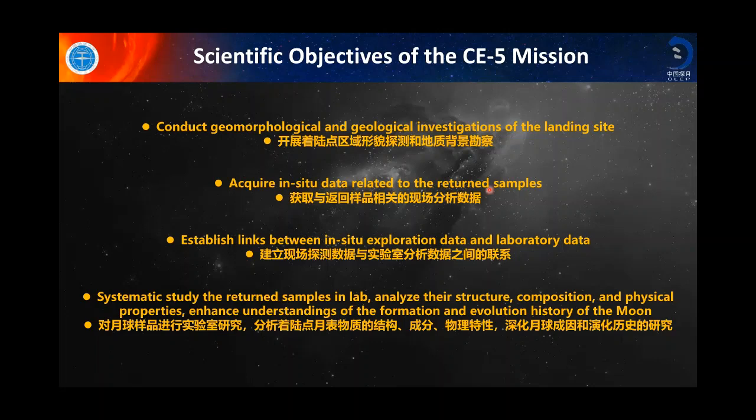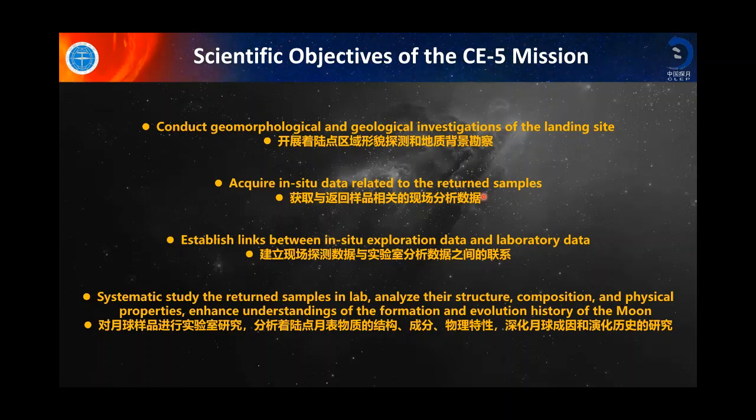That means taking pictures of the sampling place, and then establishing links between the exploration data and the laboratory data, and then using the laboratory data to enhance our understanding of lunar evolution and formation.